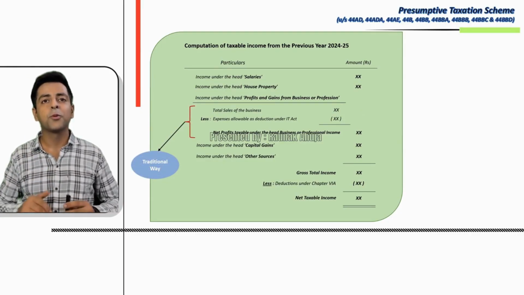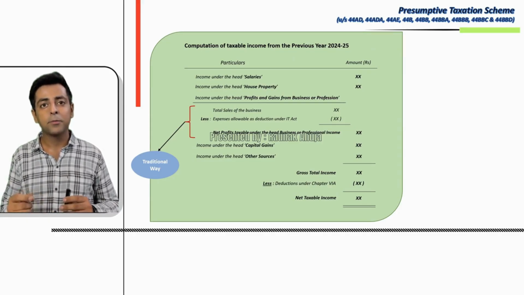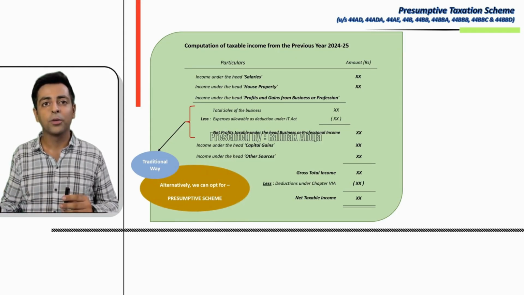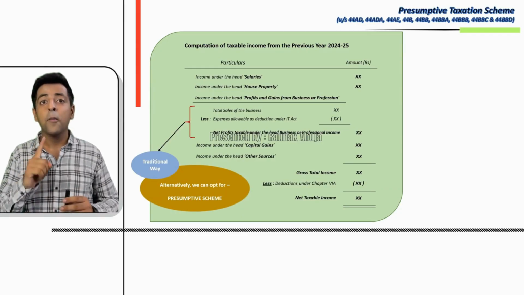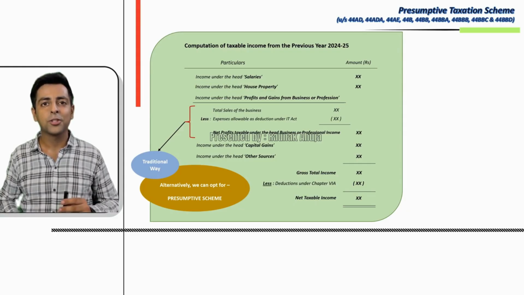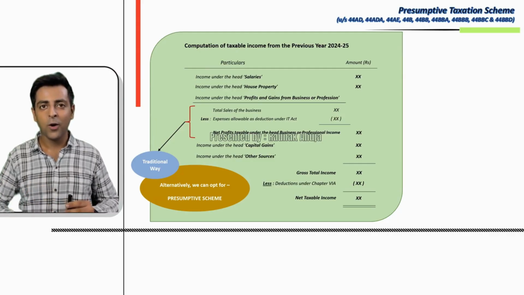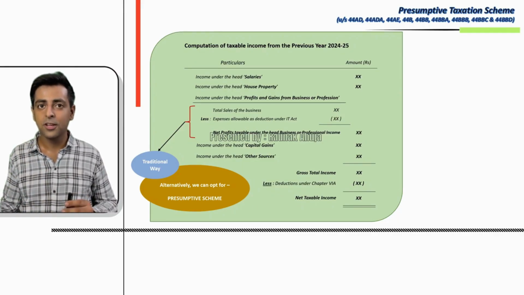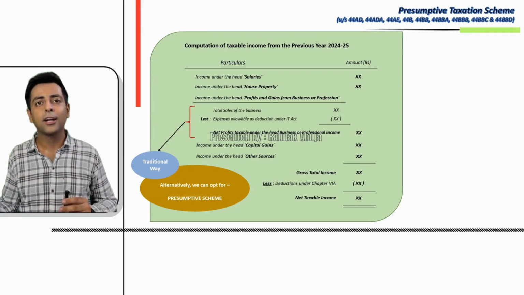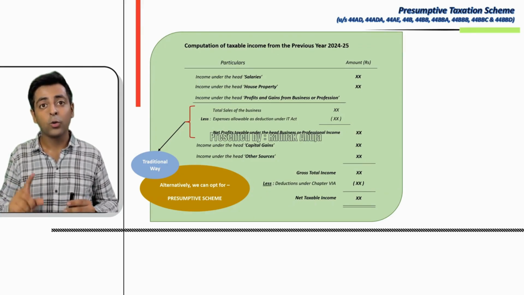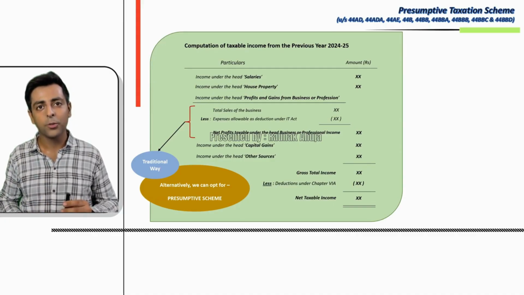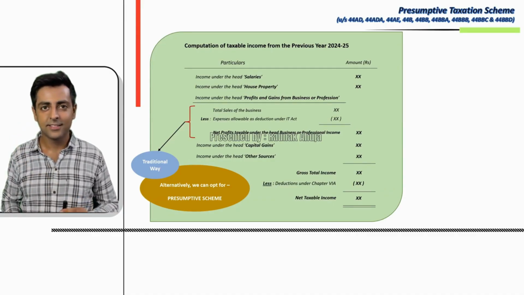Now, there are various provisions under the Income Tax Act that help us determine whether an expense is allowable or disallowable under the Act. This is the most complex part in the calculation of incomes as per the business or profession. All the expenses are first tested as per the provisions whether they are allowable under the Act or not. Only those expenses that are allowable under the Act will be reduced from the total sales.